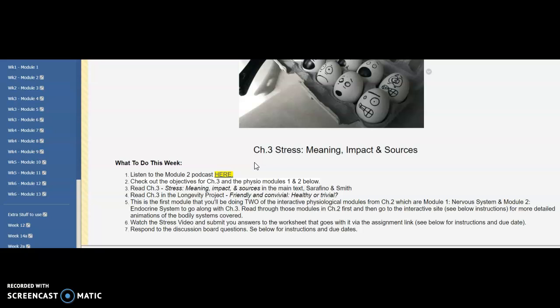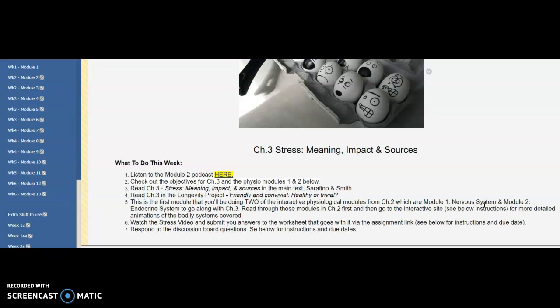Those are the 2 systems that are really affected by stress, and you need to understand how they operate in order to adequately understand how stress operates. So you'll be covering chapter 3, looking at this topic, and then you'll also be doing the physiological modules from chapter 2, which are module 1, nervous system, and module 2, endocrine system.